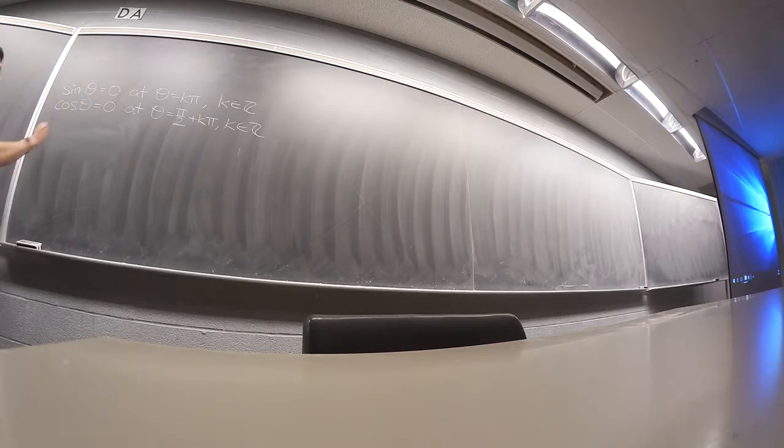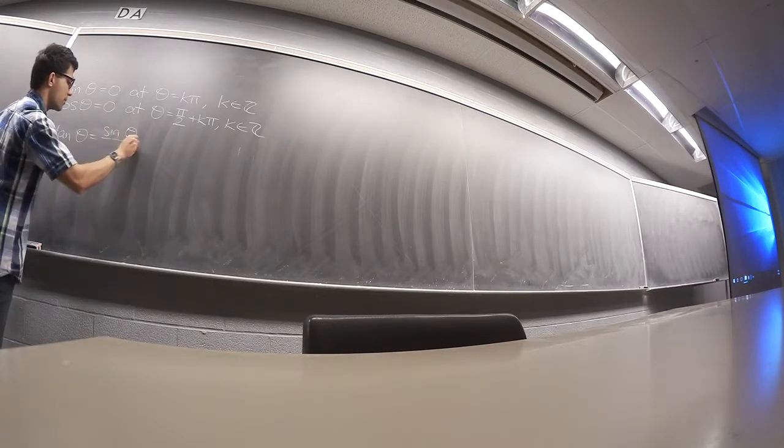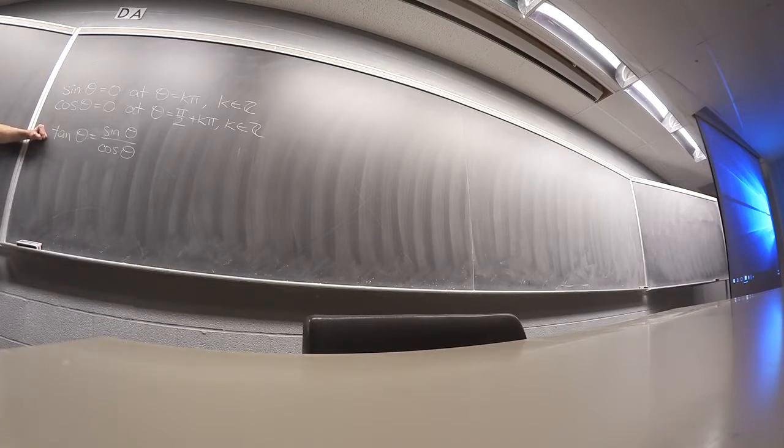And tan is sine over cos. So tan is 0 at the same place as sine is 0, and tan is undefined at the same place as the cos is 0. Okay?